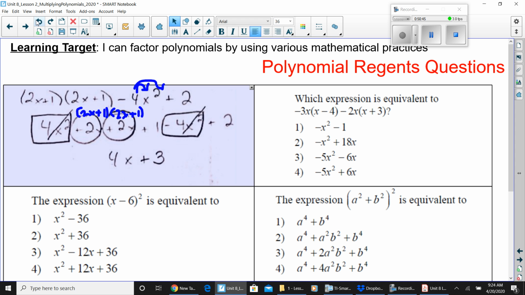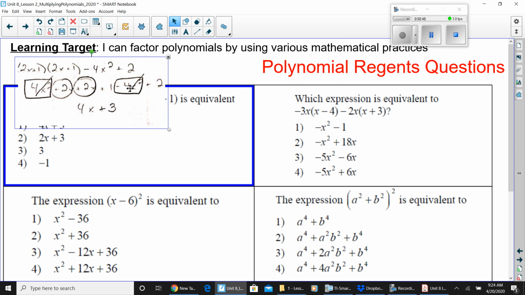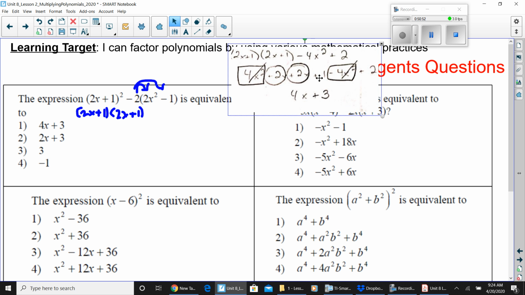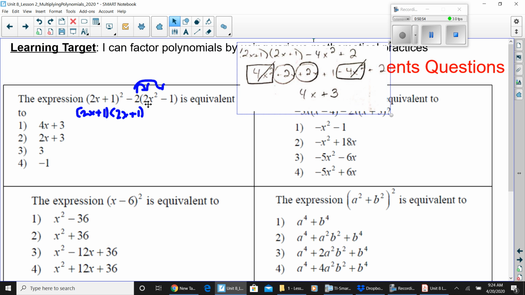And where you get that is that you're distributing this negative 2x also and putting it up here.